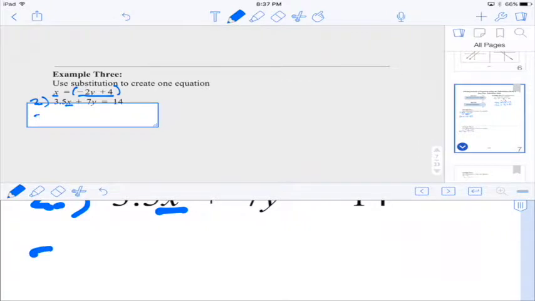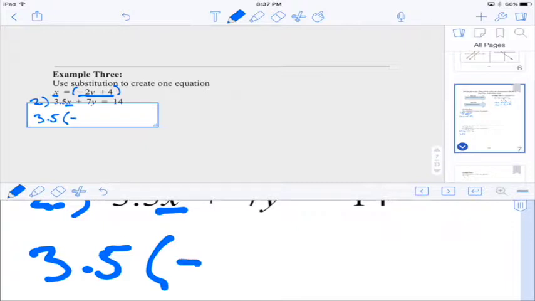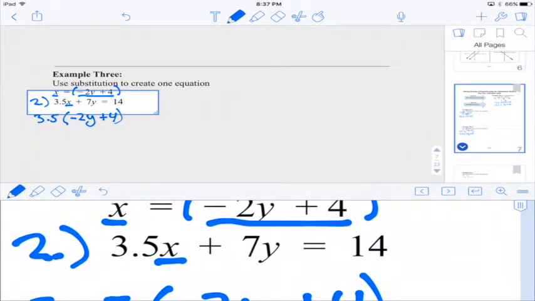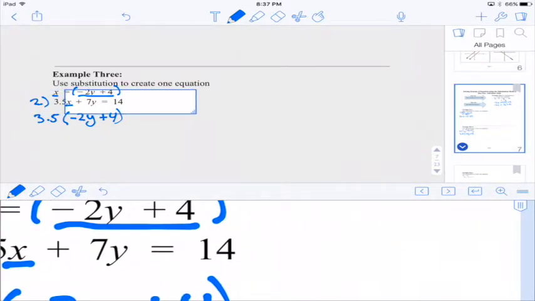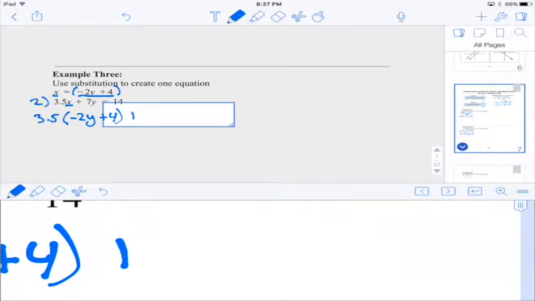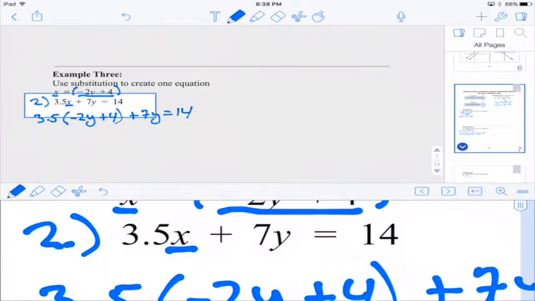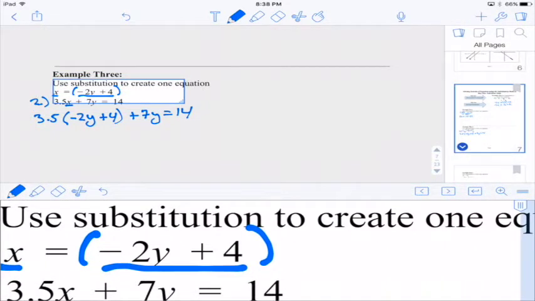So I have 3.5 times, and I'm going to put my parentheses because it's a substitution, negative 2y plus 4. All of that was my x. Now everything else stays the same, so that plus 7y equals 14. All right, so I replaced x with what x is in my first equation.